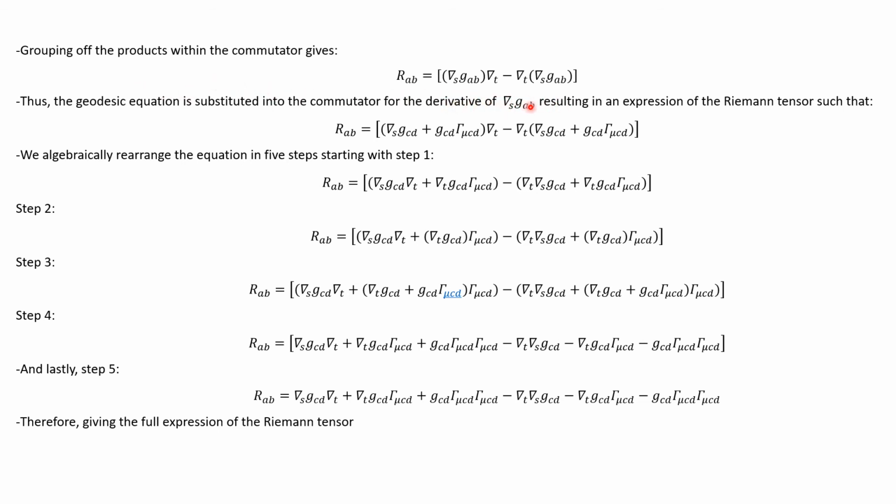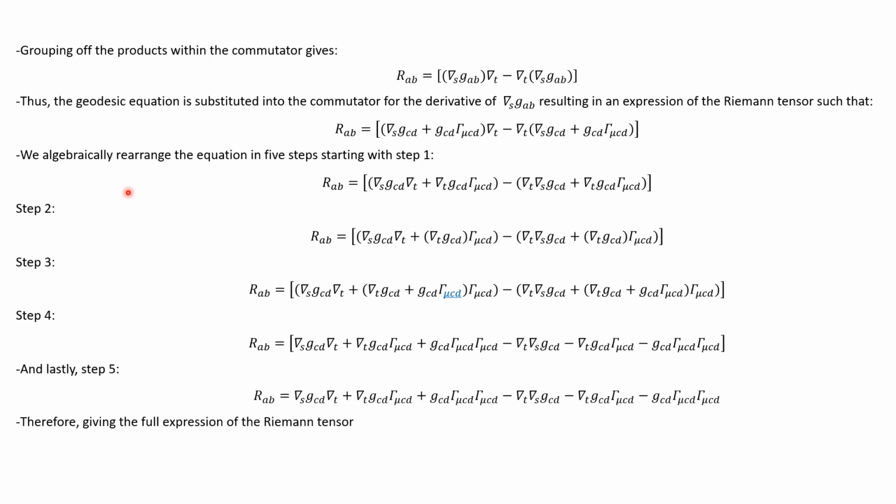So we group them off. Thus, the geodesic equation is substituted into the commutator derivative, resulting in the expansion of the Riemann tensor such that, as we see here. So we're just going to algebraically rearrange the equation according to 5 steps.